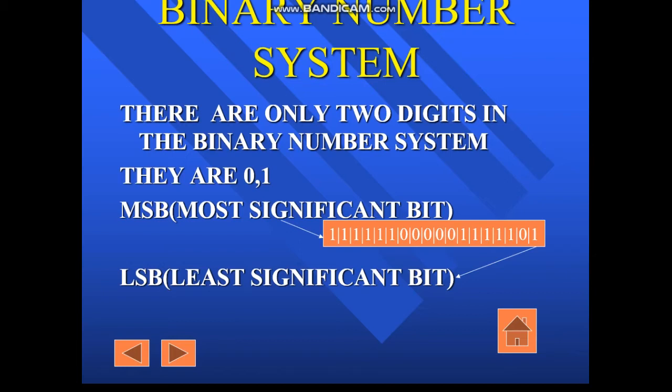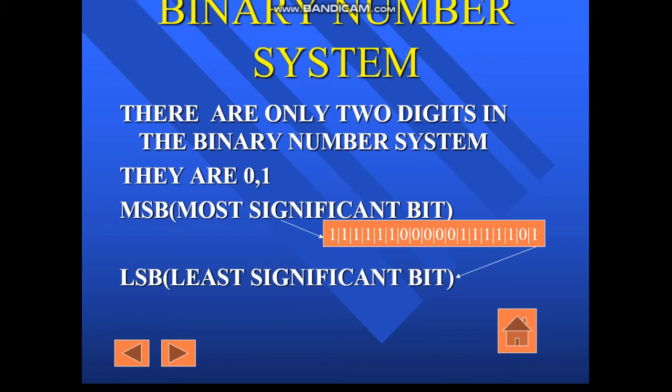Now what is the MSB? The most significant bit is the first digit of the binary number, and the last digit is known as the least significant bit. There are only two digits, as I told you, 0 and 1.